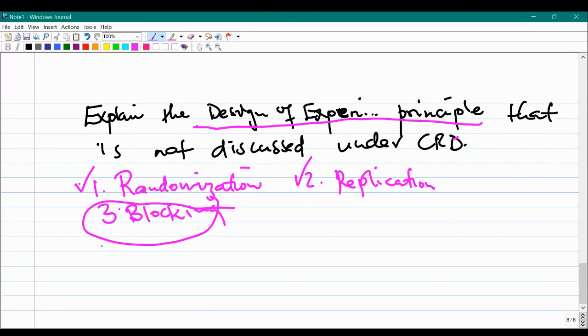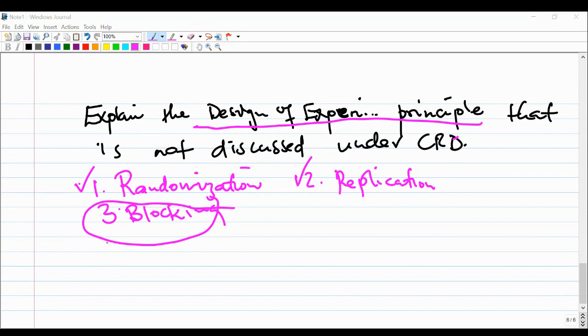Another question was: with the aid of an example, explain how you will conduct an experiment. It was 5 marks.